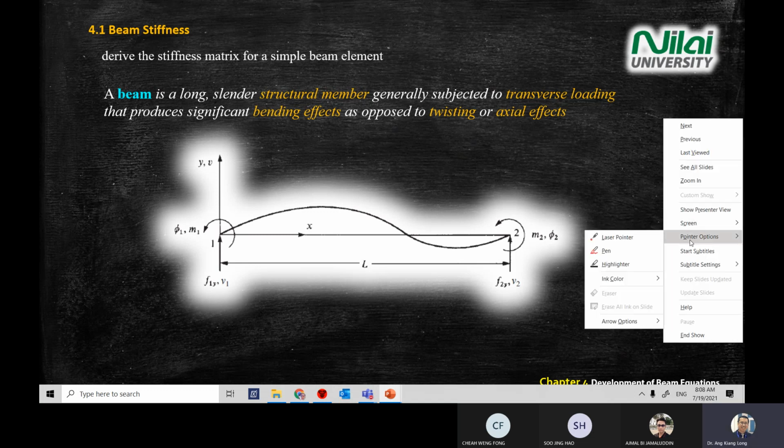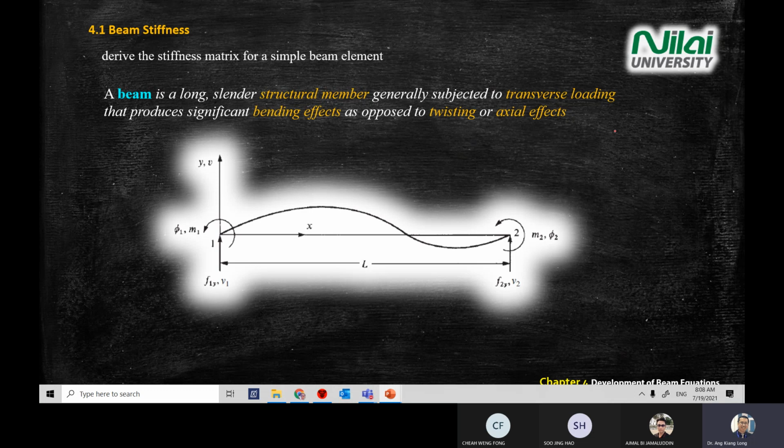So just to let you know, we already studied the spring structure. This is a spring. So a spring only has displacement in one direction. All right.